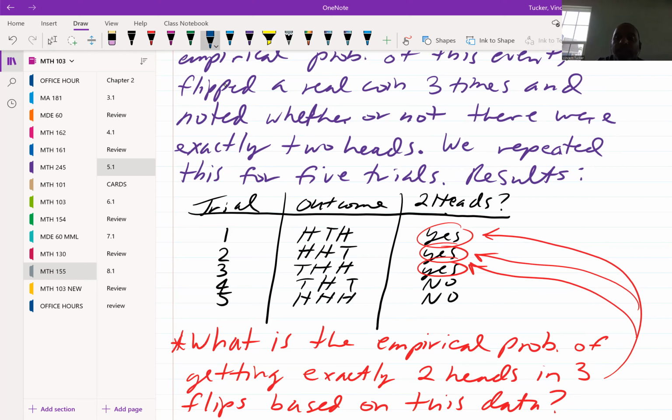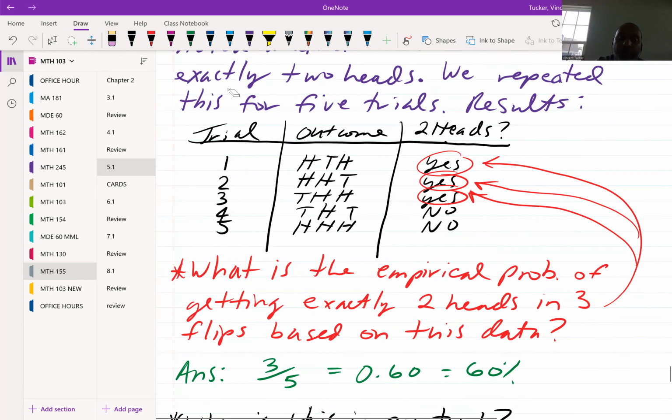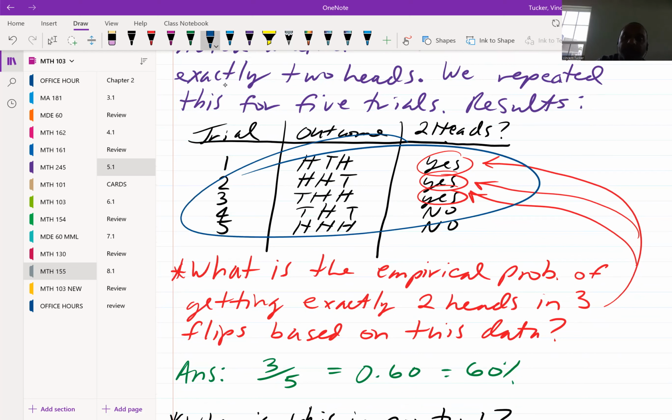Notice that 2 heads happened 3 times. So it would be 3 out of 5, which would be 60%. And that's just based on this data right here.